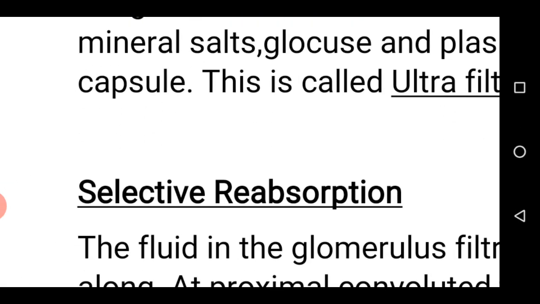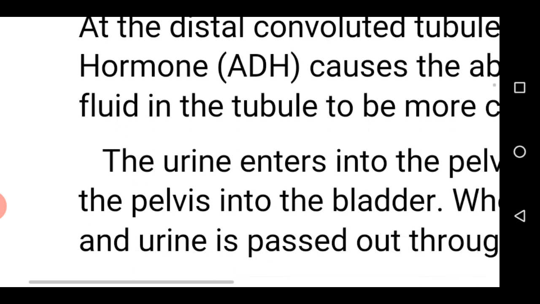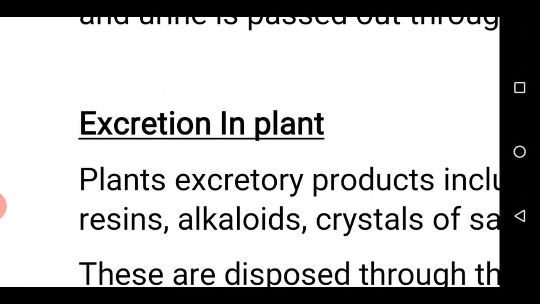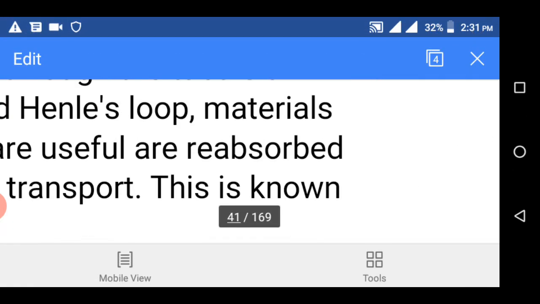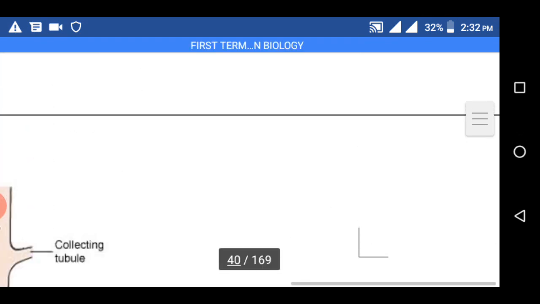So these are the three processes in the formation of urine. That is ultrafiltration, selective reabsorption, and hormonal secretion. At that particular time, the urine is already formed.